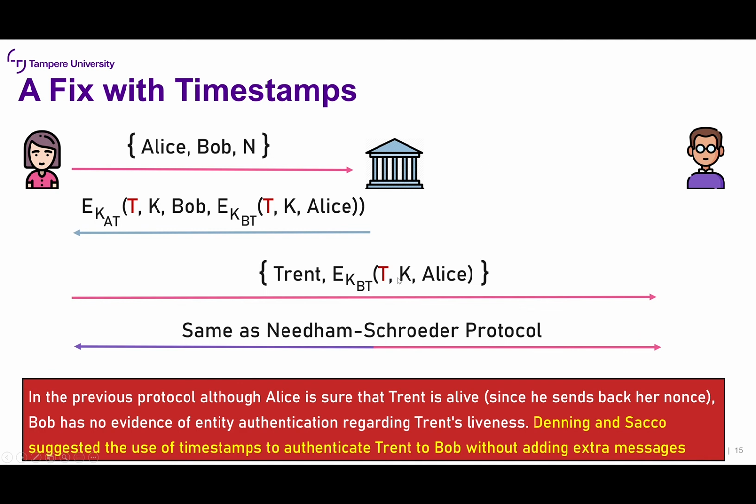Now, keep in mind that having the timestamp here would make the previous attack impossible, just because if Eve would have replayed an old message containing EKBT, K prime, Alice, and another T prime, let's say, then upon reception, Bob would first check the timestamp and would see that this is an old message, right?